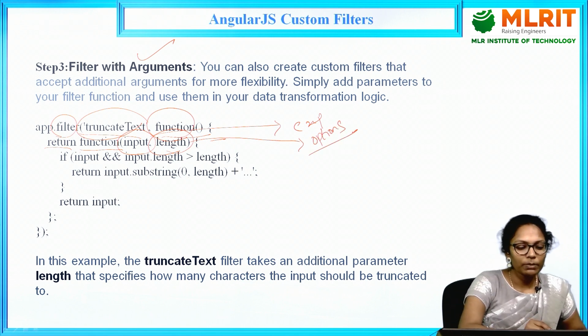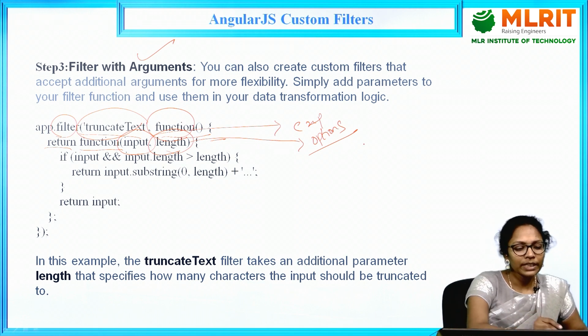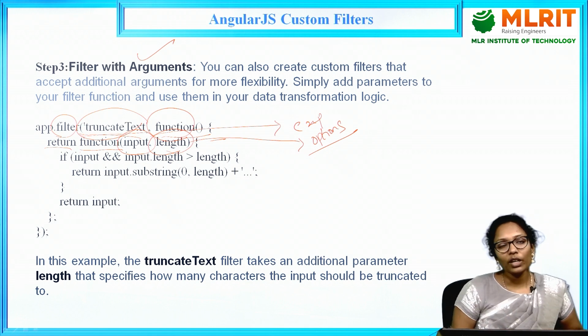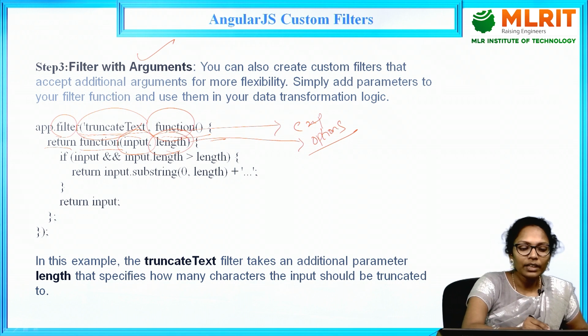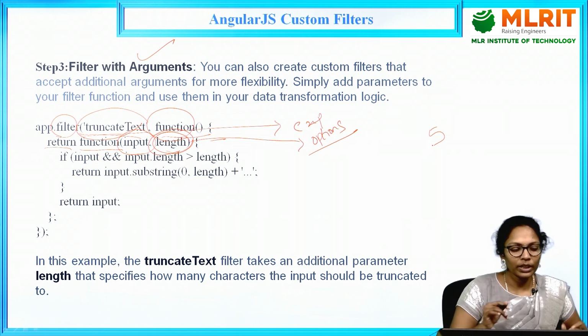So the first parameter is input, that is the given expression, and the second parameter length is nothing but options. Now the filter name is truncateText. I want to truncate the given text till the given length. Like if the length is 5 characters, I want to truncate till 5 characters. Like that, I want to develop my filter.